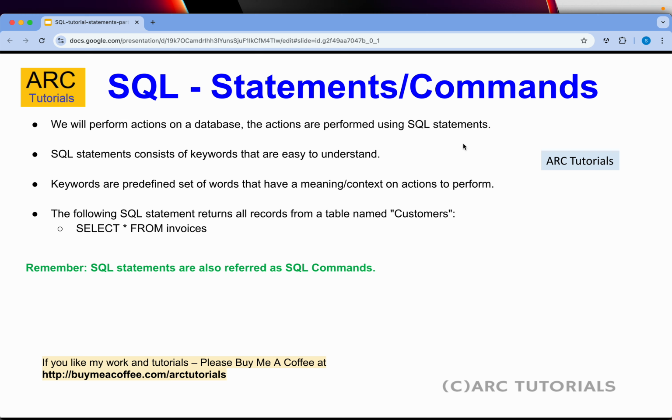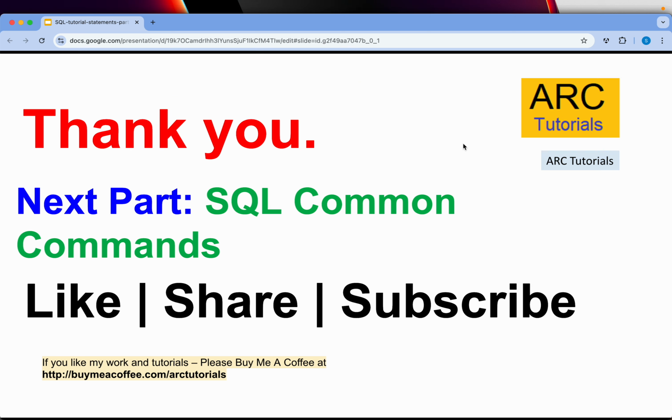Sometimes SQL statements are also referred to as SQL commands. Okay, so when you hear me say the word SQL statements or SQL commands, they will mean the same thing. It will mean a set of lines of code which are used to do some operations and actions on a database.